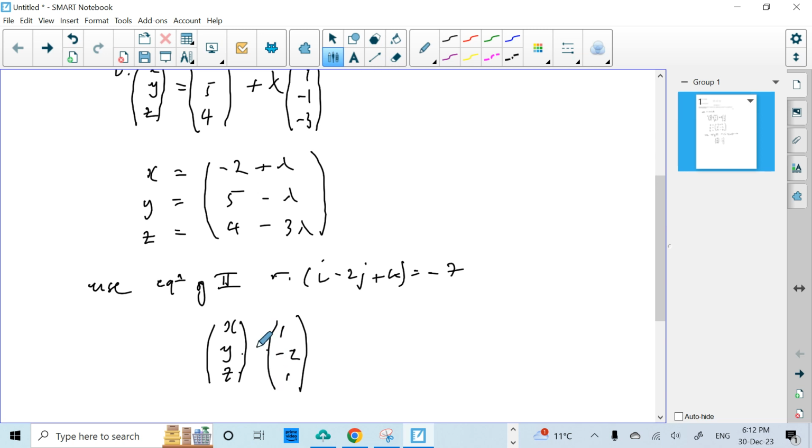And I'll put a dot here, and of course that's equal to minus 7.